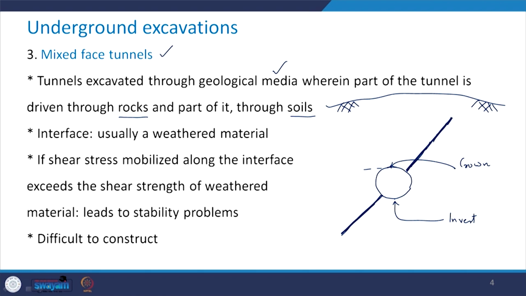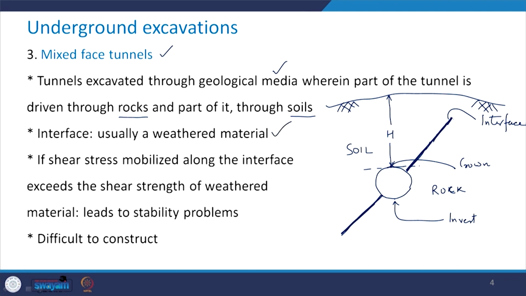So, from this top point, the height of the ground is h, which is called the overburden. Now, on this side you have soil, and on this side you have the rock. So, this is your interface, and this is usually a weathered material.